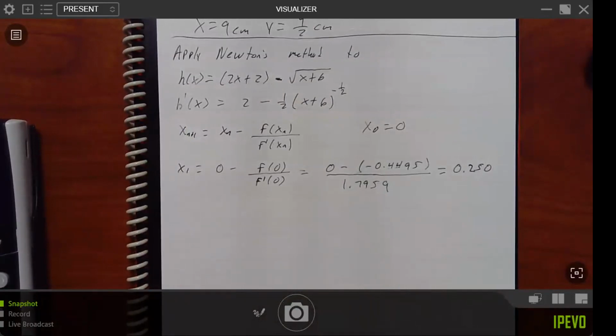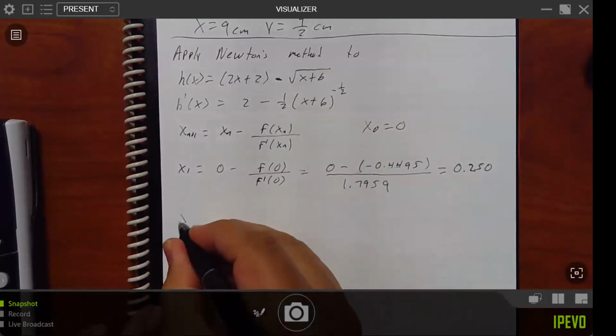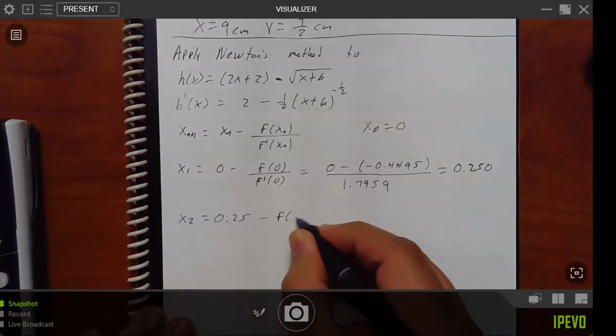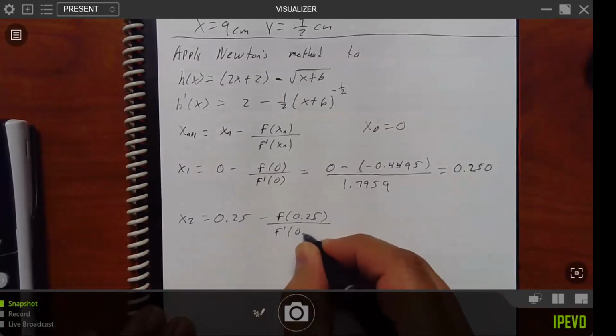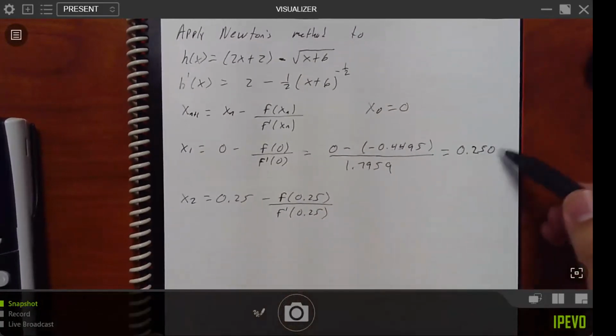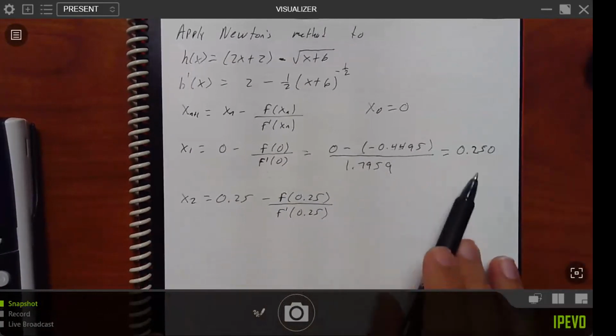Now looks like that's what they got. So if you were to do it again, x2, that would be 0.25 minus f at that value divided by the derivative at that value. And you're going to see that it doesn't change much. So this will be the answer.